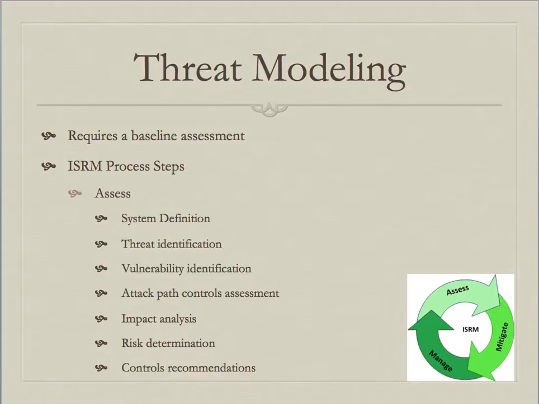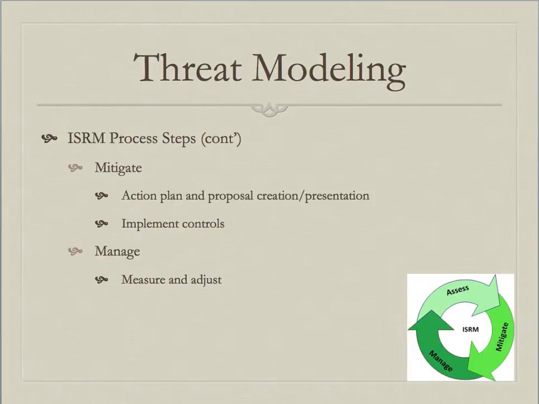And then we look at the risk associated with all of those things. The control recommendations lead to mitigation. We put together an action plan and mitigate: we add new controls, or we reconfigure existing controls, or implement existing controls in different ways. And then we manage by measuring and adjusting.